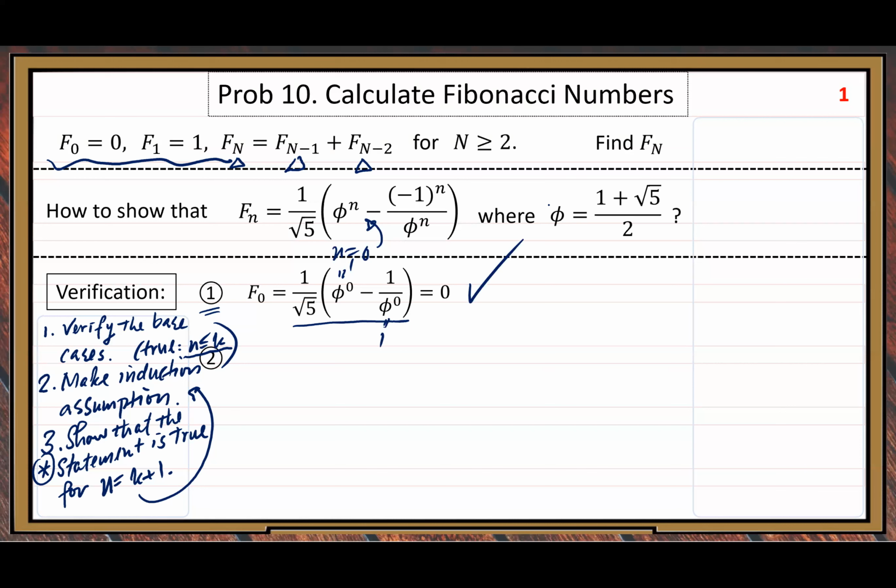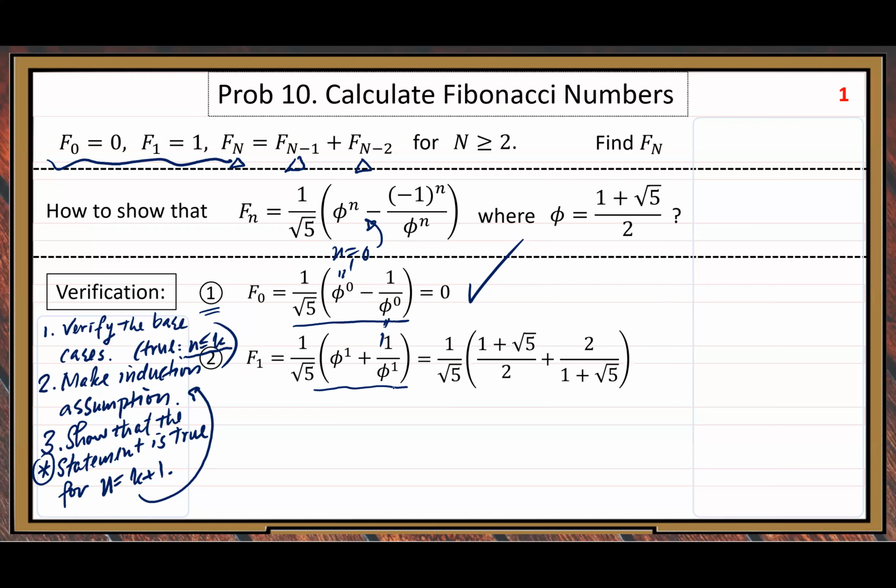Then the second verification, F1. Let's plug in n equals 1 here. This time we need to use the specific value of the golden ratio. In the first step, we did not need the specific value of phi.